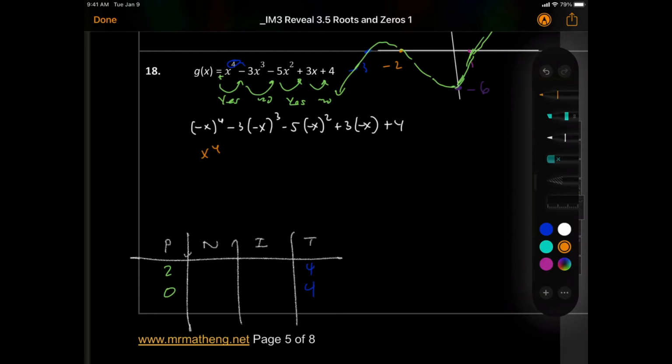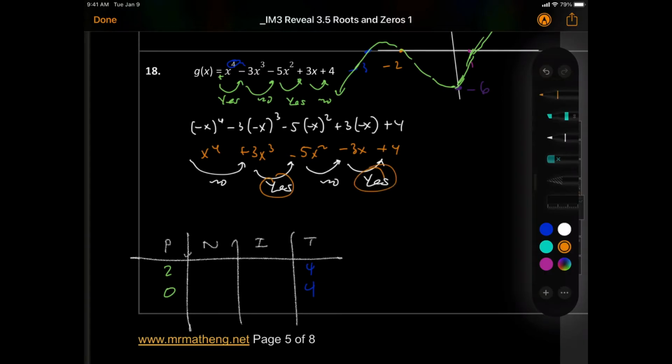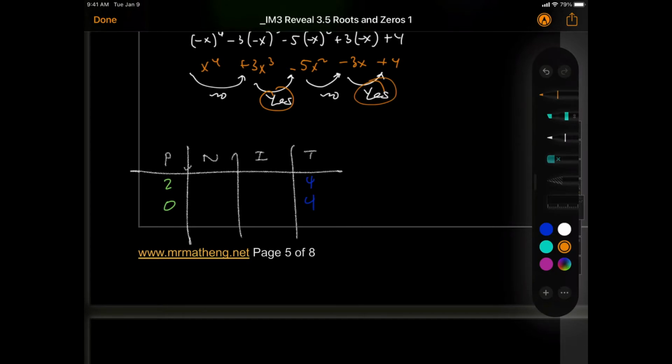This will become a positive 3x to the 3rd, negative 5x squared, negative 3x plus 4. No, yes, no, yes. So there's 2 or 0. Okay, 2 or 0.